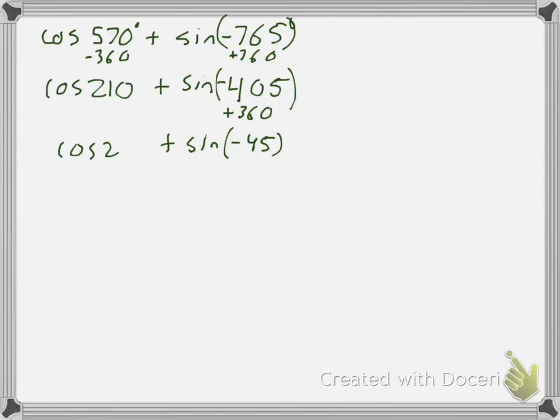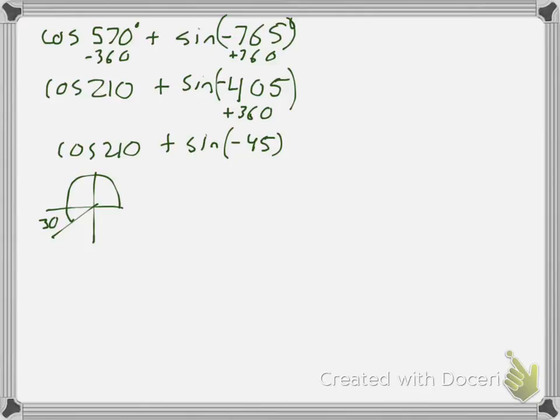I'm going to bring cosine of 210 down. Now, can I actually find reference angles? Yes. Let's graph 210. 210 would be somewhere in the third quadrant. What would the reference angle be? 30. Hopefully you guys are finding that easier now than, say, 4 or 5 lessons ago when you were just learning about it. You were having a hard time with this idea of what a reference angle was.